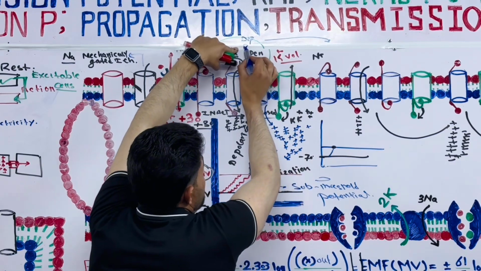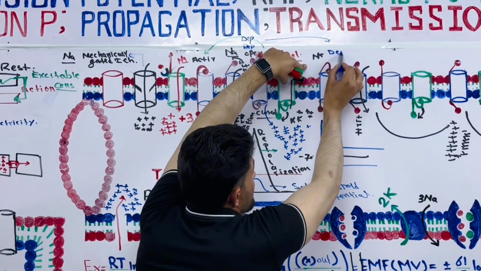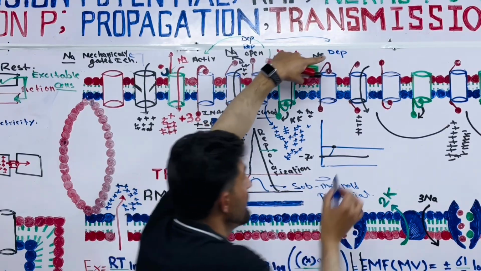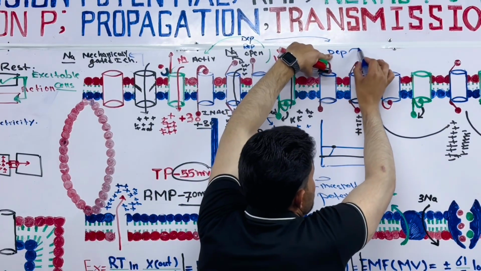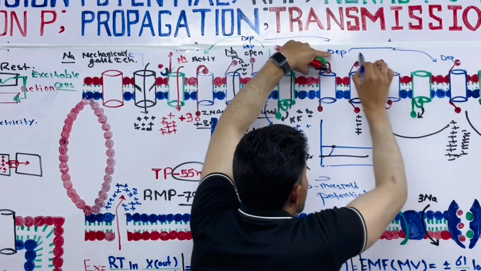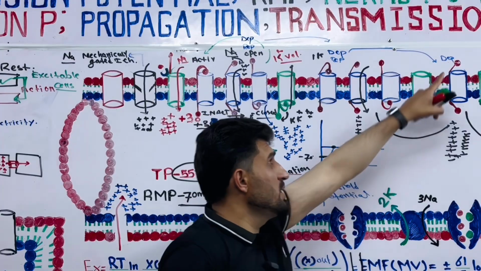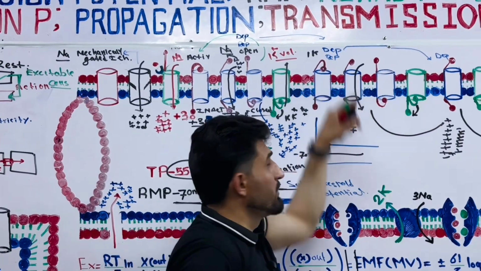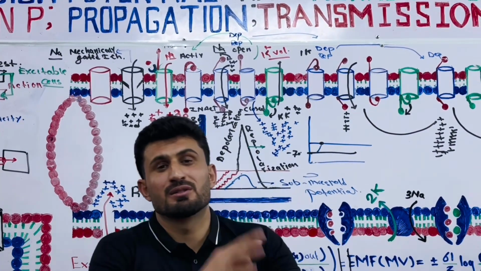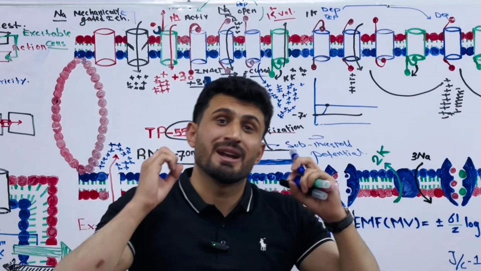So now this back area is during repolarization, and this next area is during depolarization. So when depolarization is followed by repolarization, this is also called action potential, because now the cell is during action.